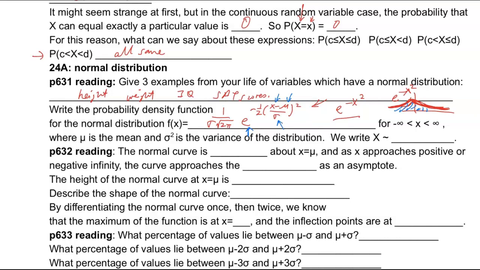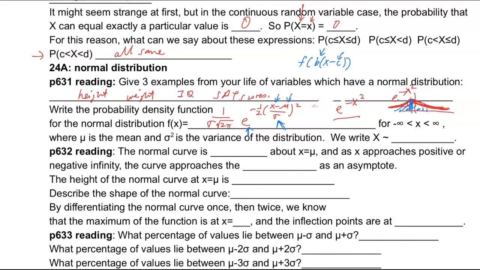Do you remember when we did transformations, we had f of b times x minus c, something like that. The c does horizontal translation, so that centers it around mu. And the b is like a horizontal compression. So the b is kind of like this sigma on the bottom, so it widens and narrows the normal distribution depending on how big your standard deviation is.